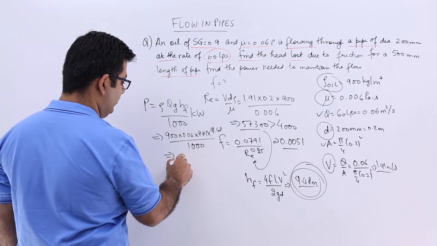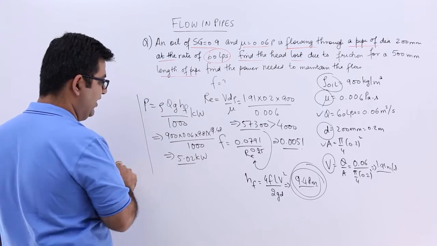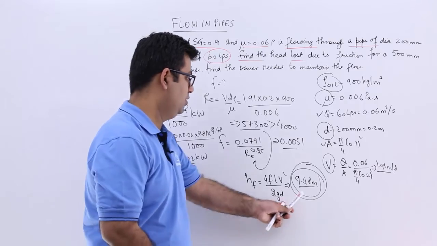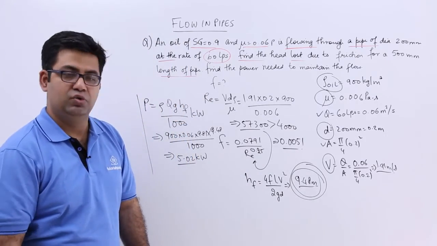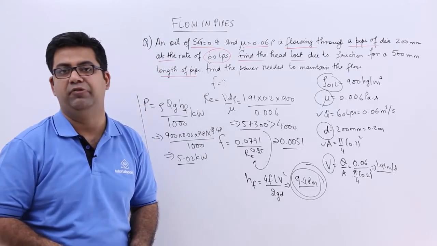This gives you a value of 5.02 kilowatts. So you need approximately 5 kilowatts to maintain this flow, which keeps on losing 9.48 meters of head loss due to friction.